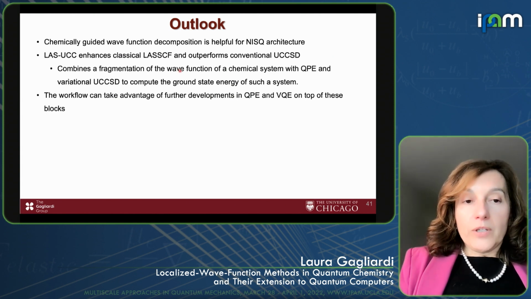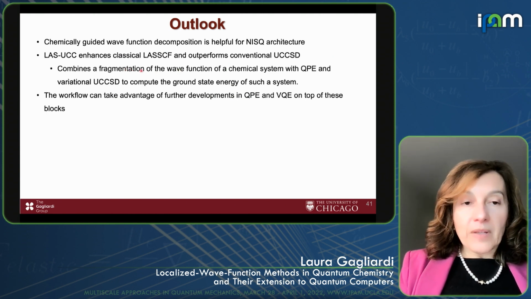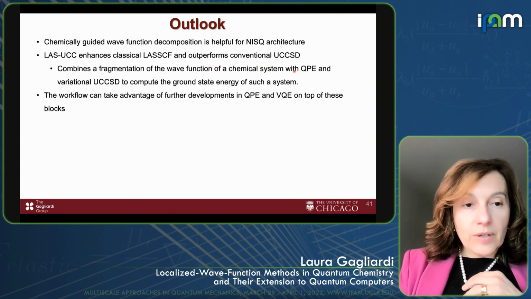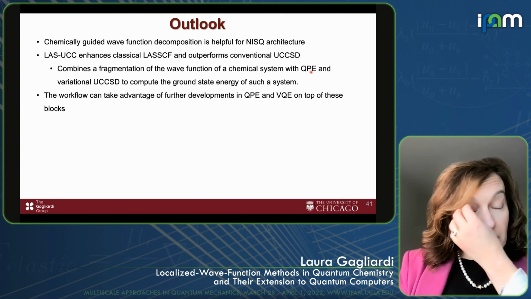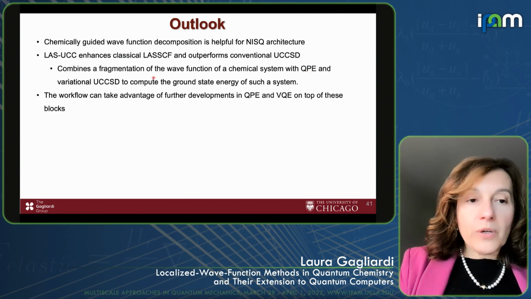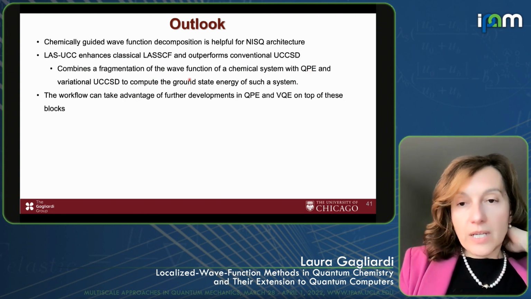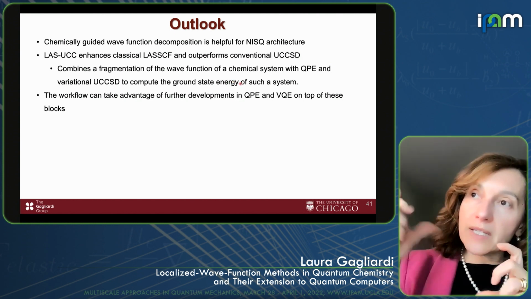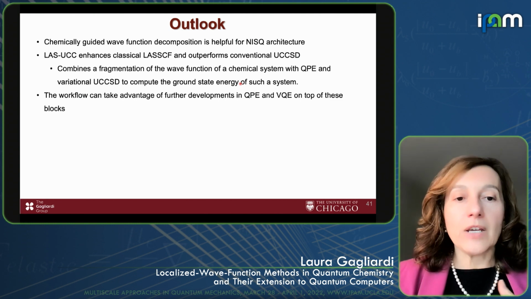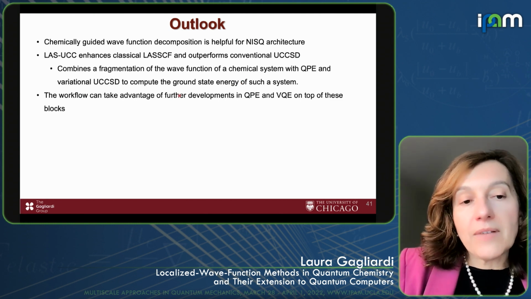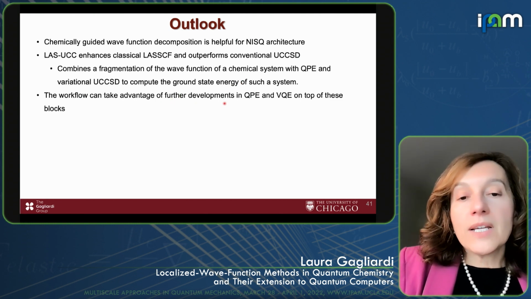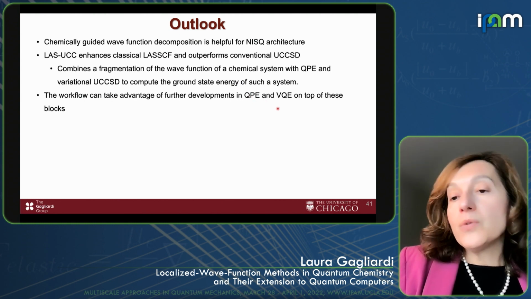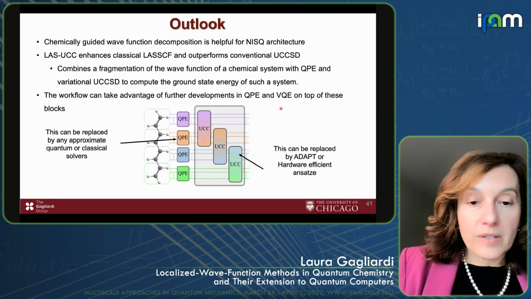And so what we do here, we combine the fragmentation of the wave function, and we treat each fragment with QPE, and then we use variational UCCSD to compute the total ground state energy by including this interfragment correlation. In principle, one can take advantage of further developments in QPE and VQE on top of these blocks.